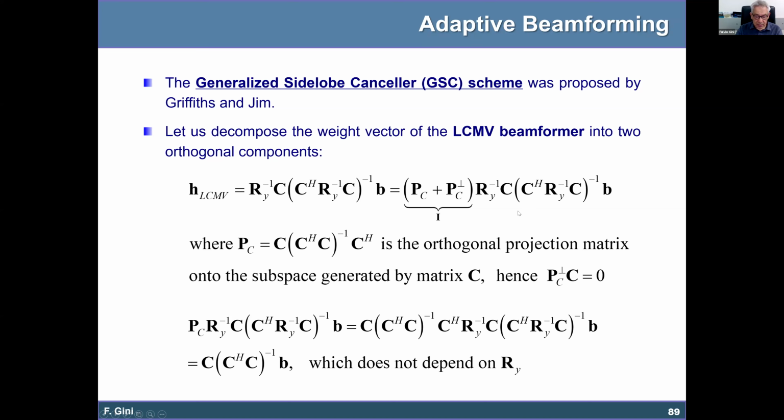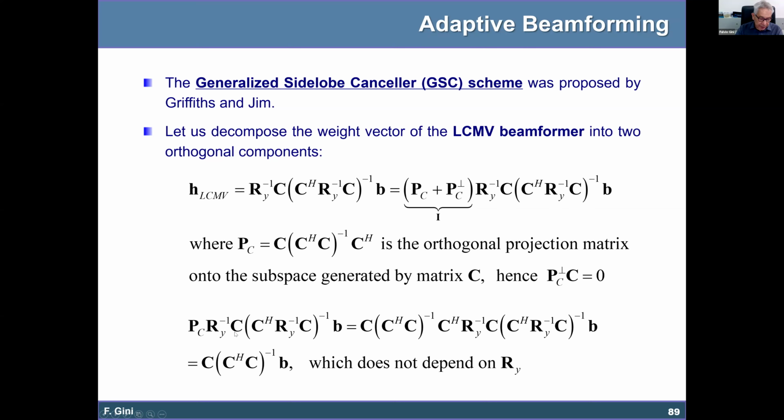You can always write this, and remember, C is the matrix of the constraints. So in particular, because PC orthogonal is the projection matrix on the orthogonal subspace, if you multiply any column of C, so if you multiply the matrix C by this projection matrix, you get 0. So there are two terms, PC that multiplies this plus PC orthogonal that multiplies this, okay?